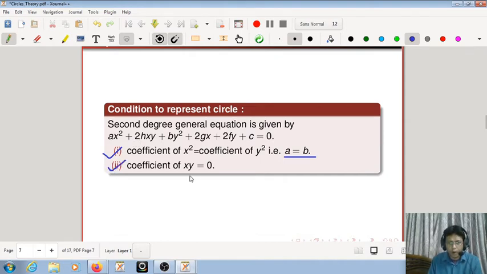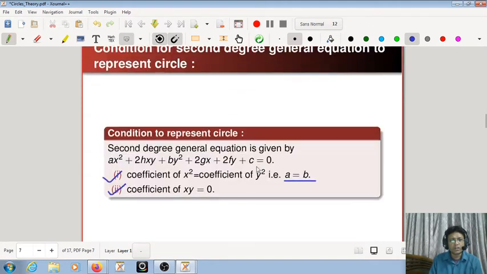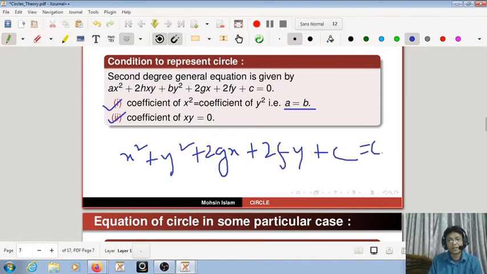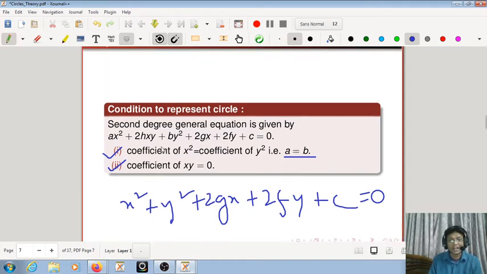So look at that, the general equation of a circle is given by x squared plus y squared plus 2gx plus 2fy plus c equal to 0. The coefficient of x squared is 1, the coefficient of y squared is 1, and there is no term involving xy. So this is the condition that the general equation of second degree represents a circle.